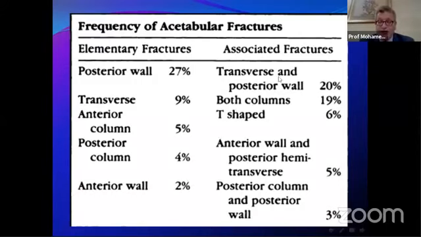Associated fractures: transverse and posterior wall 20%, both column 90%, T-shaped 6%, anterior wall and posterior hemitransverse 5%, and posterior column and posterior wall 3%. So from what we see, the most common fractures are the posterior wall, the transverse and posterior wall, and both column fractures. These are the most encountered types of fractures.